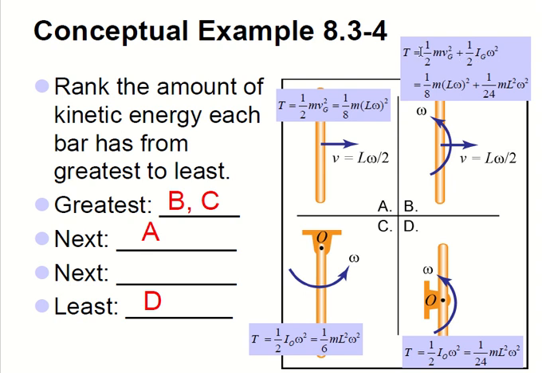So you have your translation side and your rotation side. On the translation side, you put L omega divided by 2 in for the velocity, and calculate the same thing.